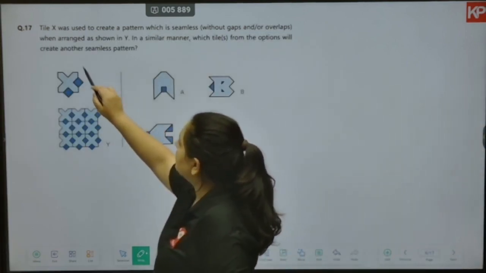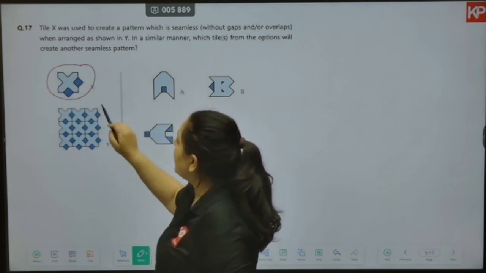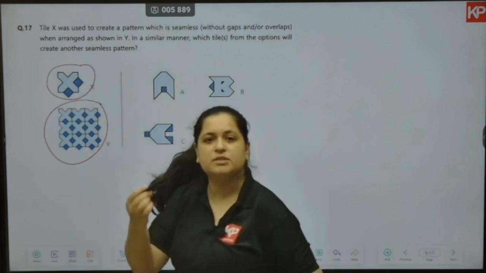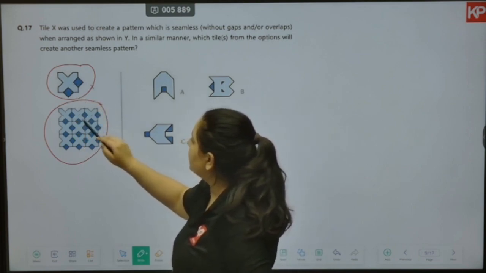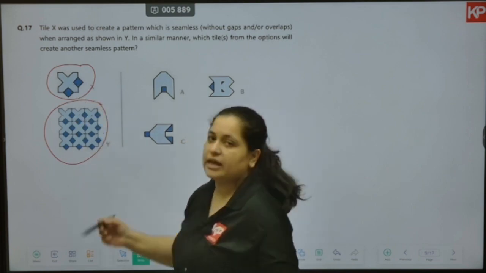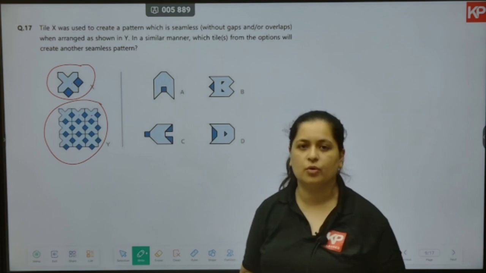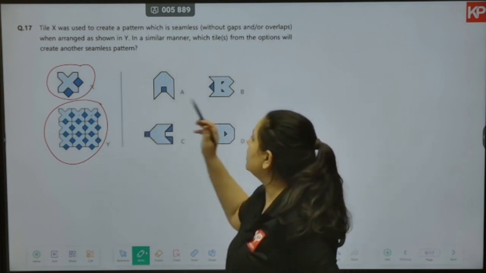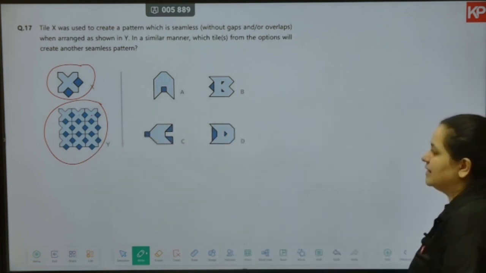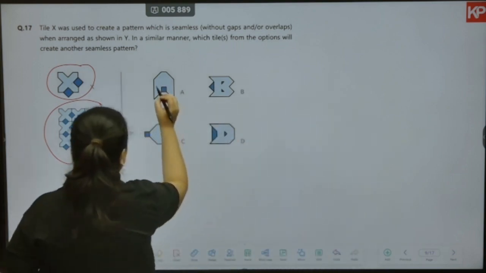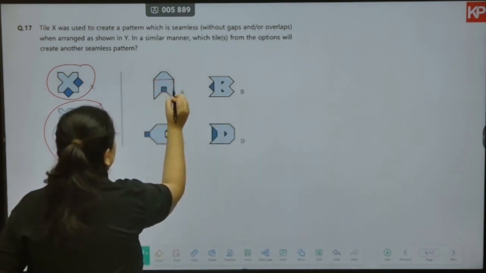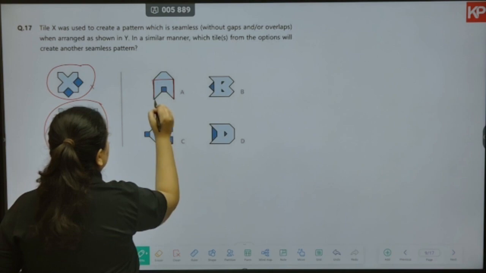Okay, again, a tile has been given to you and it is tessellating. Let's observe what is happening here. The exact tile is repeating infinite times. There is no flipping and there is no rotation. Okay, so similarly we have to check for A, B, C and D. Let's check what is happening with A. Let's draw a square around it.